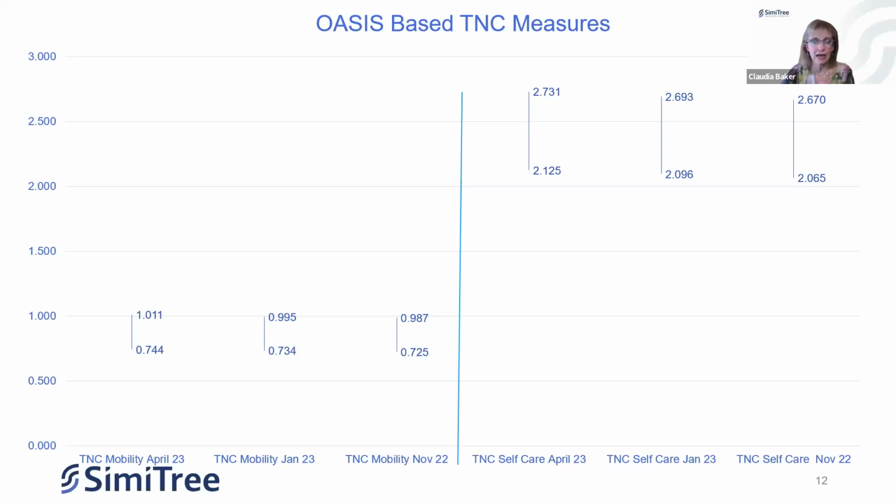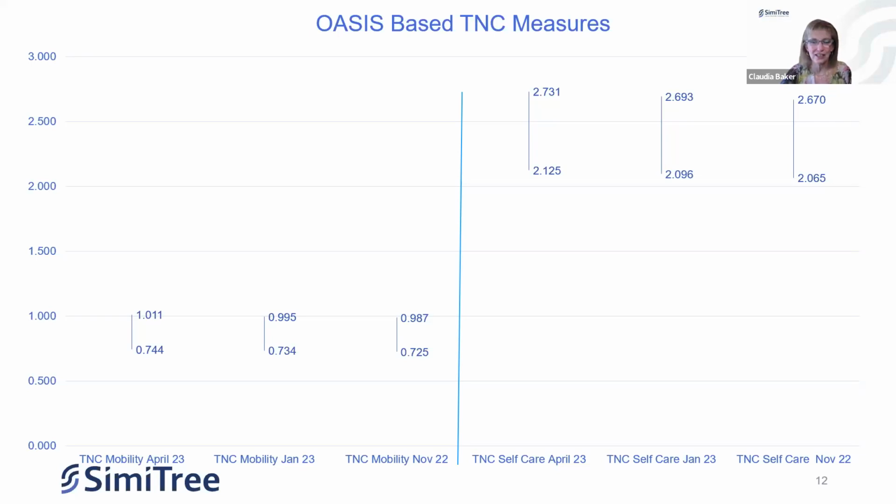So keep in mind when you're looking at these, or if you're using these as a guide, to look at your scores against where you fall in here, keep that in mind. So one thing to note in here is that both of these scores in OASIS from November through to April really have improved, at least marginally, right?